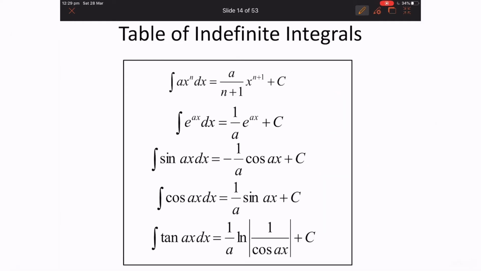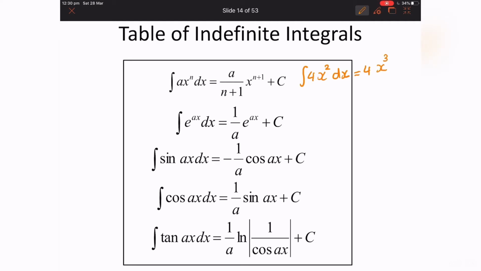Okay, this is the table, basically. The first one here is showing a x to the power n dx equals. So if we have, for example, the integration for 4 x squared dx, we leave the 4 as it is, and the x squared will become x cubed.